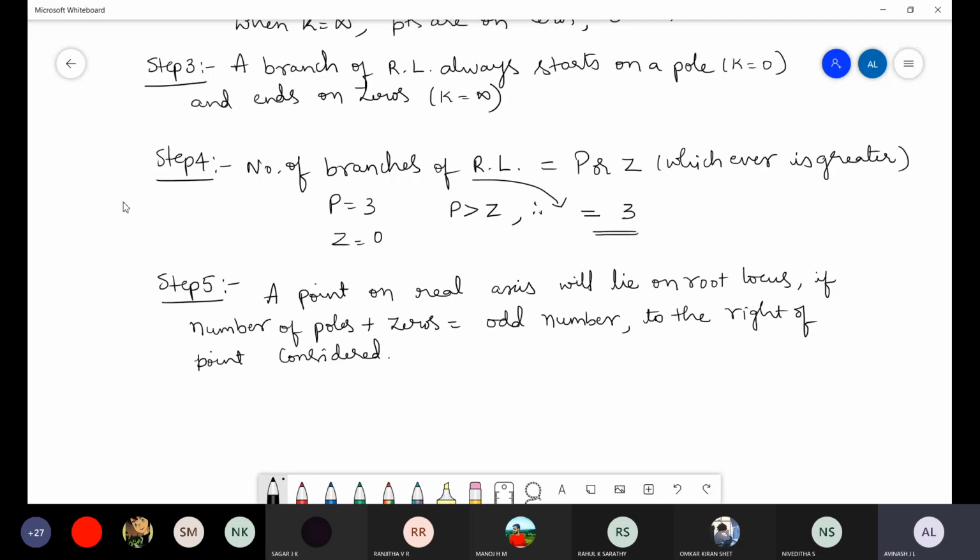Okay, so after writing this, I write that in this case, poles plus zeros equal to 3.